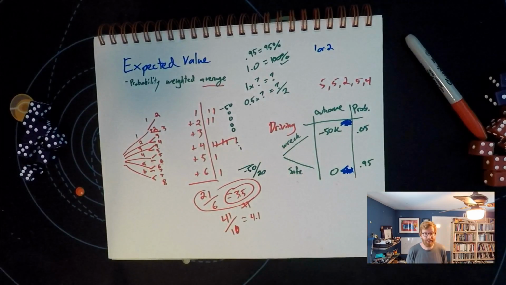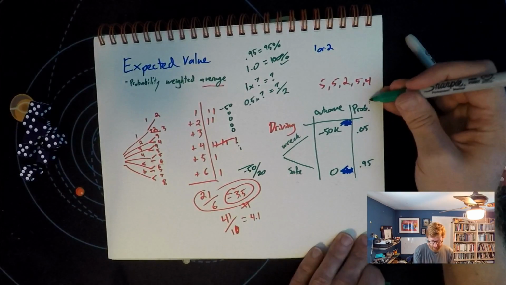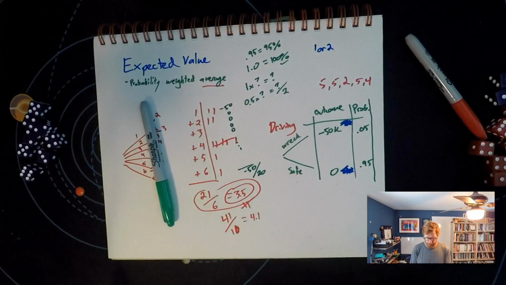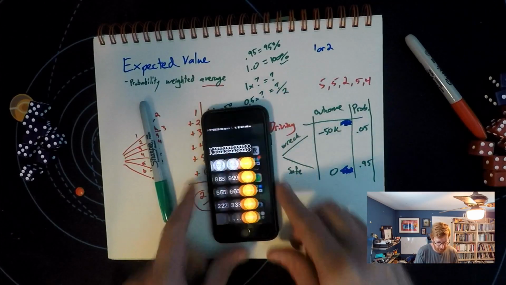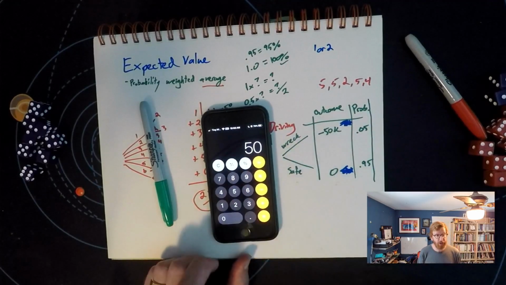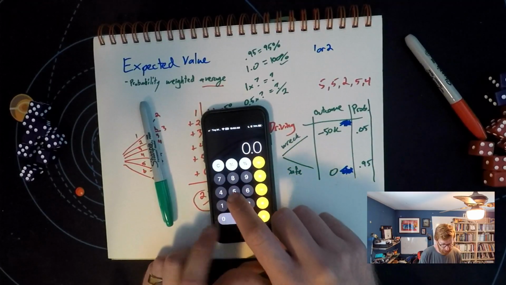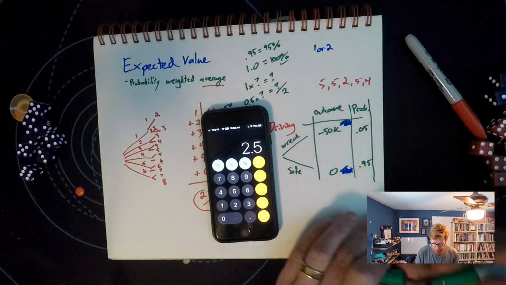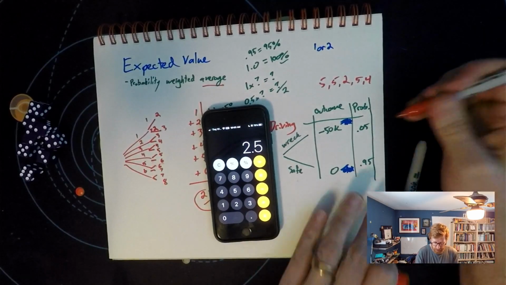Right, this is going to give us the exact same math, but just for the sake of getting this right, let me pull out my calculator so I don't get this too wrong. So we've got $50,000 loss times 0.05, $2,500. Let's put that in red.